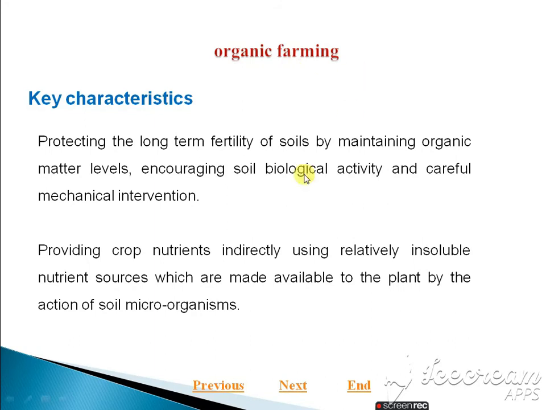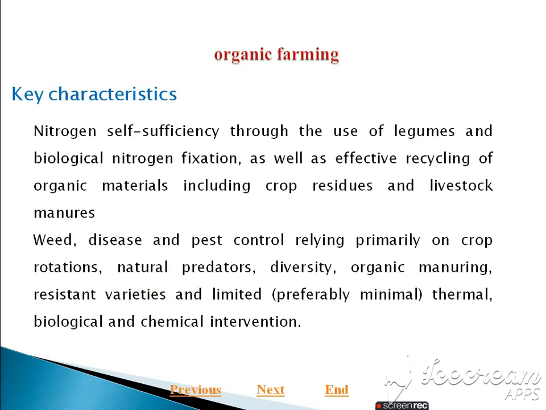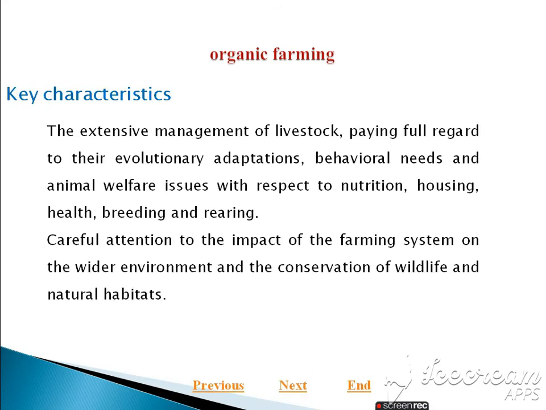Providing crop nutrients indirectly using relatively insoluble nutrients, and nitrogen self-sufficiency. We mainly grow legumes, use farmyard manures, and other practices which increase soil fertility in the form of NPK. The extensive management of livestock is also a component of organic farming, and we prefer to include livestock in our farm.